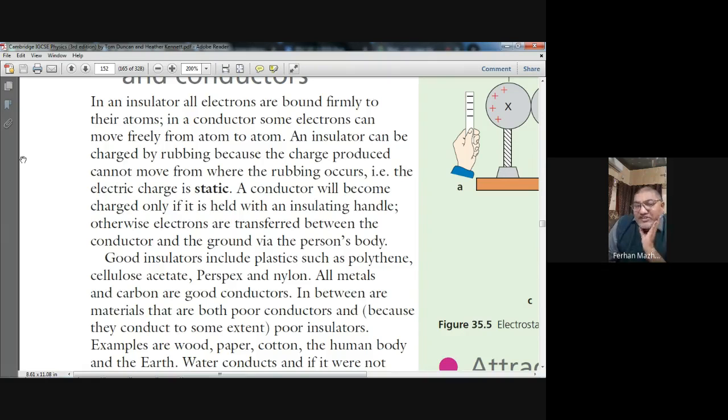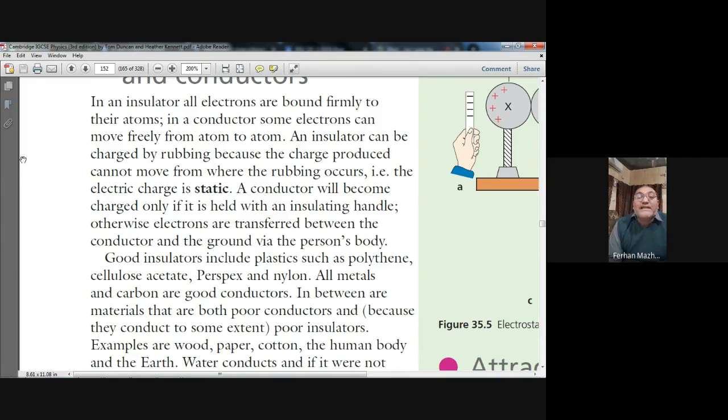If you provide those electrons a little force or a little energy, they will leave their nucleus and go away. Those electrons are called valence free electrons because they are not bound to one nucleus.